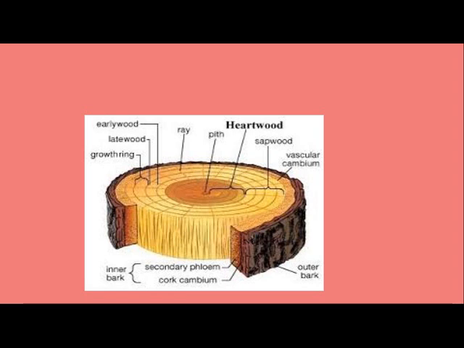In the case of trees, I am saying very specifically, there is a continuous formation of new xylem and phloem tissue. So what happens to the older ones? After a certain time, they die. And when they die, they change their color. Why do they change their color? Because plants start using them as their dustbin.